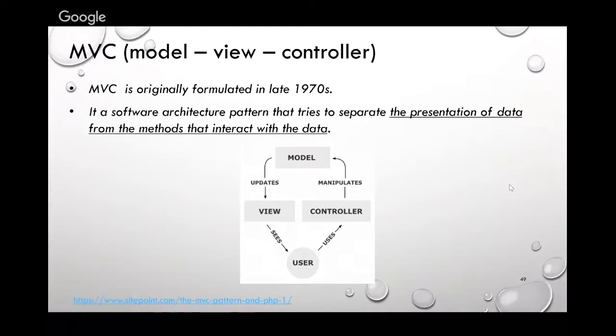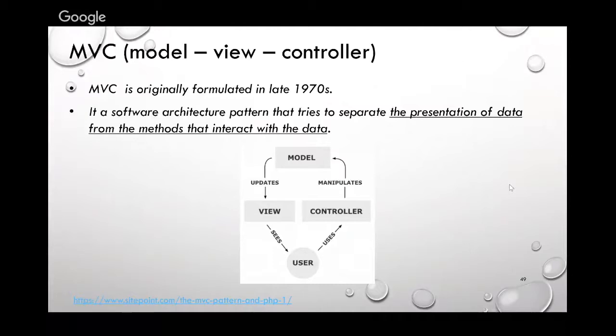First you instantiate a new model, so there will be a new post, and then you store it into a database, and you can also retrieve from the database to get the existing posts. So model is really at the back, controller is in the middle, and view is the nearest to the user.